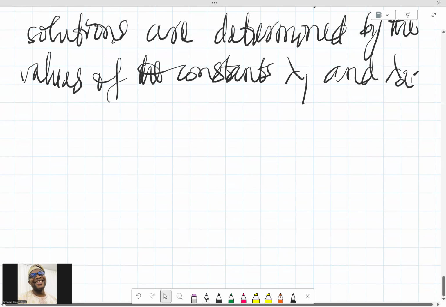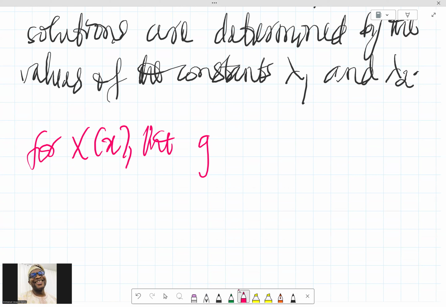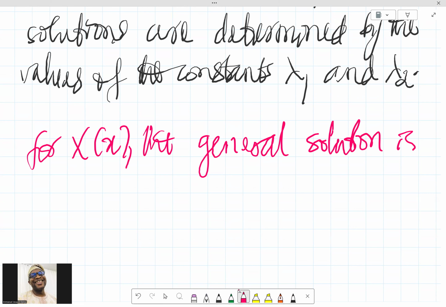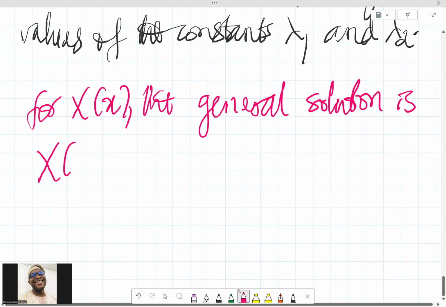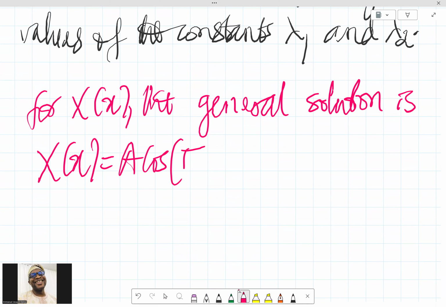Okay, so for X of x, the general solution is X of x equals a cos square root of lambda 1 x plus b sine square root of lambda 1 x.